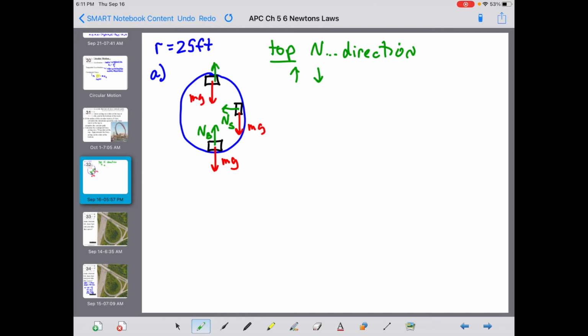If we want it to be just the right speed, then we're going to have no normal force at all. In other words, when we sum the forces at the top of the path equals ma, then all we would have would be mg, and that's equal to ma.